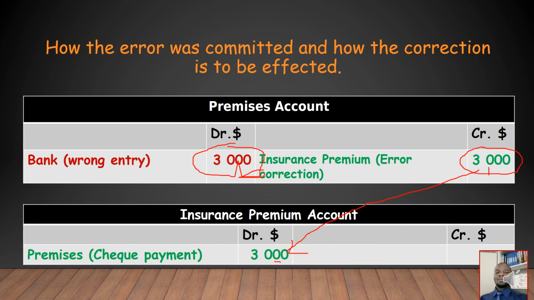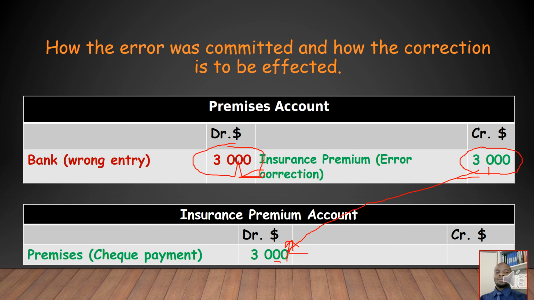The insurance premium account is an expense account. It should have increased when this expense was made. So we are now making it increase with this 3,000 kwacha. And so we subtract from the premises account, which is an asset account, and we make this entry as an addition in the insurance premium account.